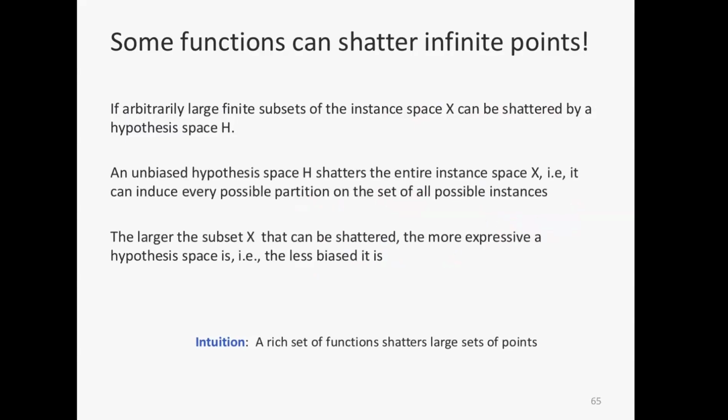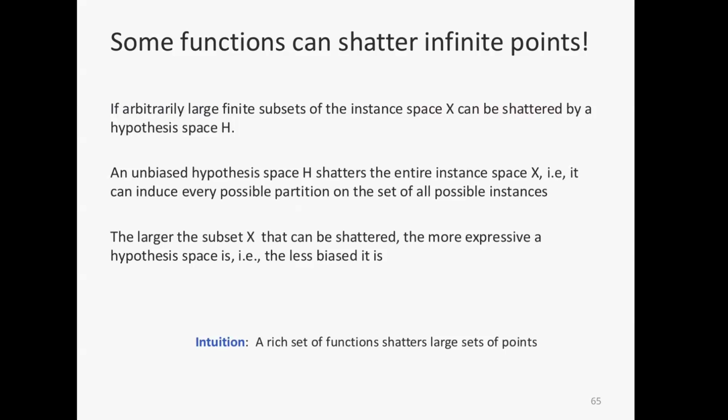These hypothesis spaces are called unbiased. They essentially allow every possible way to label any set of points, and they can match it. So we call it more expressive. The more expressive set of functions has fewer biases. Here I mean statistical bias.